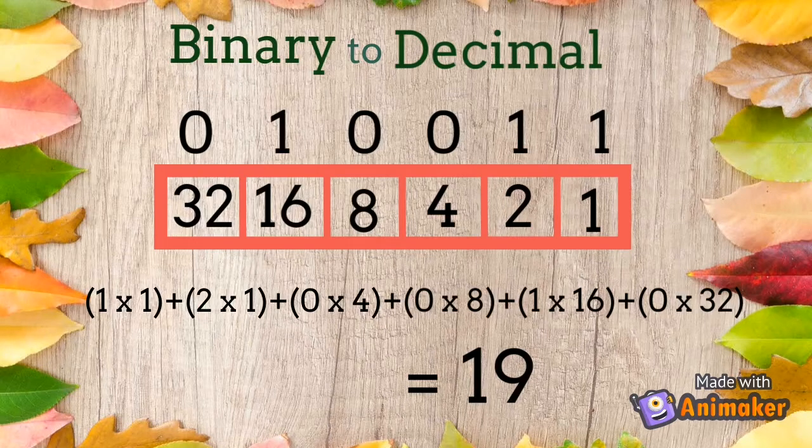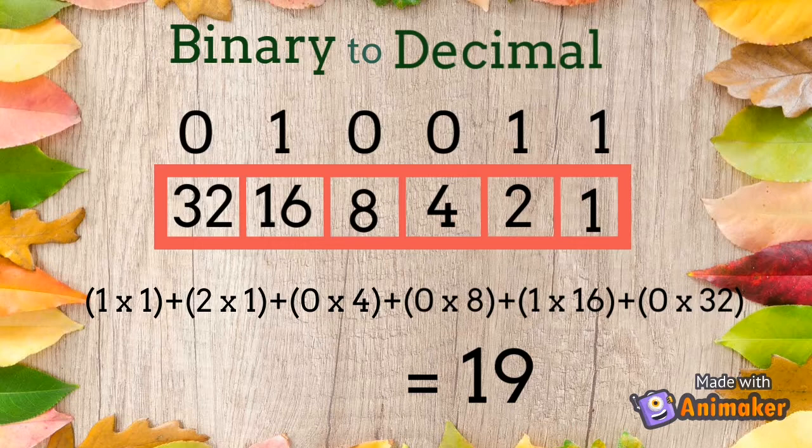Here is the method. Write the binary number. Under that, starting from right, mention 2 power 0, 2 power 1, 2 square, and so on, which are 1, 2, 4, and so on. Take the bottom number and multiply it with top number. Repeat it for every bit and add them finally. For example, 010011 is the binary number.